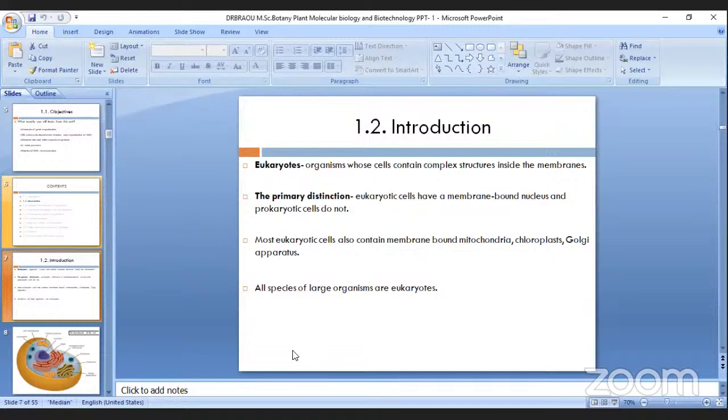Most eukaryotic cells contain other membrane-bound organelles like mitochondria, chloroplast, and Golgi apparatus, and all the species of larger animals or larger organisms are considered eukaryotes.